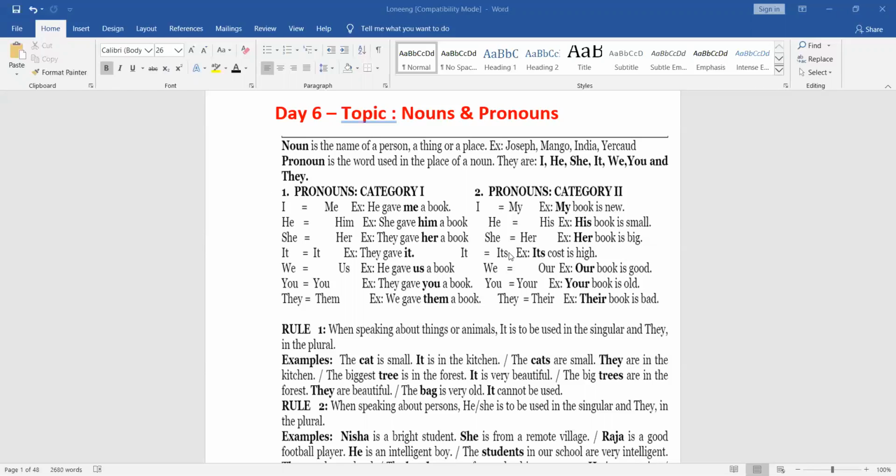And the second category is that all the subjects can also be replaced by my. I can be replaced as my. He can be replaced as his. She can be replaced as her. It can be replaced as its. We can be replaced as our. You can be replaced as your. They can be replaced as their.